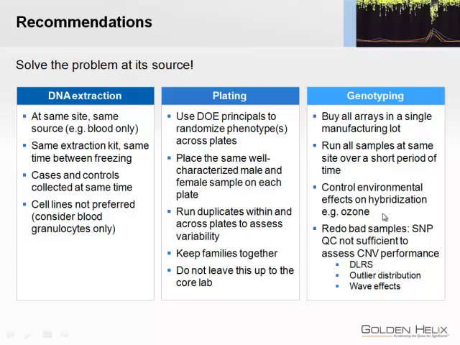And as I'll talk about in the QC section of the presentation, the typical quality metrics at core labs just look at genotyping quality and a little bit at things like the derivative log ratio spread, which is a measure of the noise in the data. They're not always sufficient to capture the problems that you will see in CNV studies. Sometimes in a SNP study you would keep 95% of the samples, and then you would move them on to a CNV study and discard another 20-30% that had problems with wave effects, noisiness, and so forth.